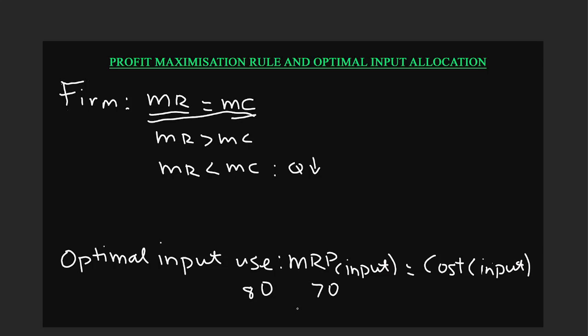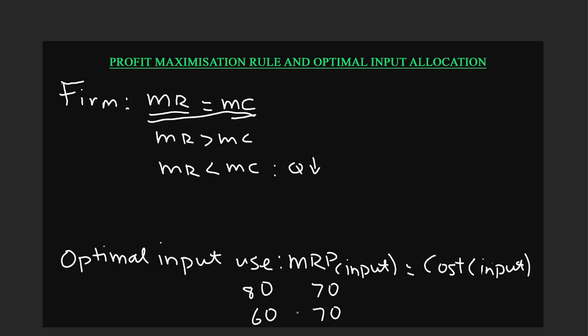What if you're thinking about hiring one more worker, and your calculation shows that this additional person will produce 60 apples in a month, but you still have to pay them 70? The cost of this additional worker is higher than how much they add to revenue, so it wouldn't make sense to hire this person.